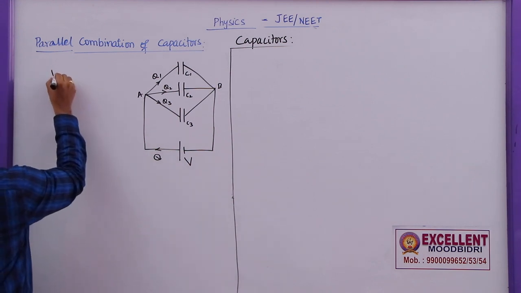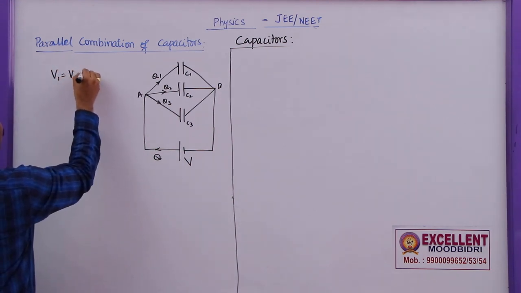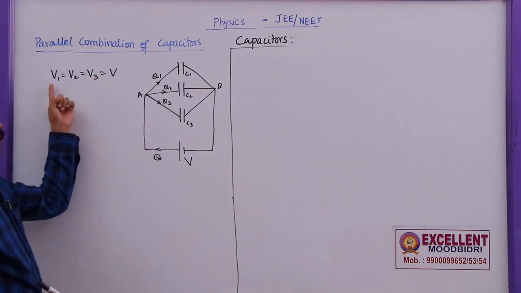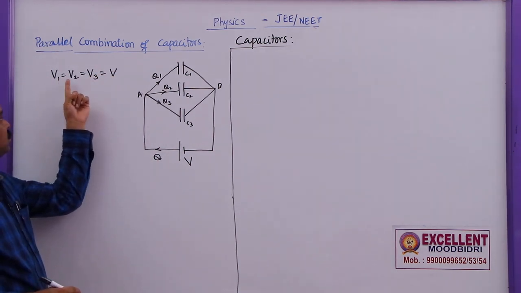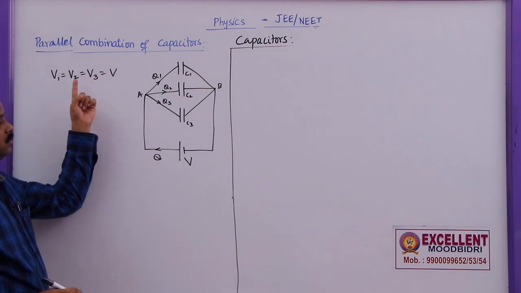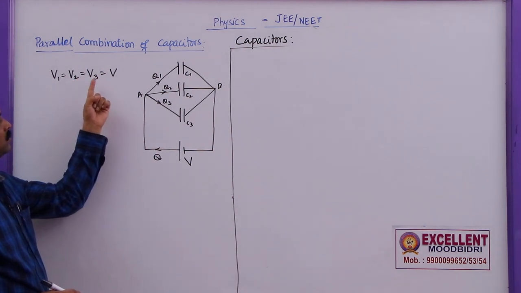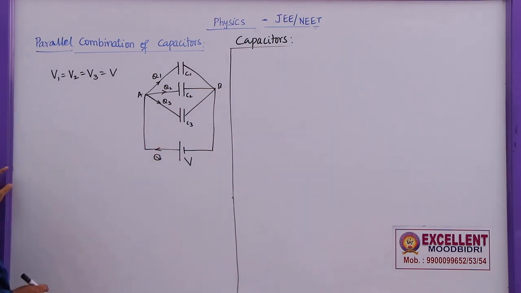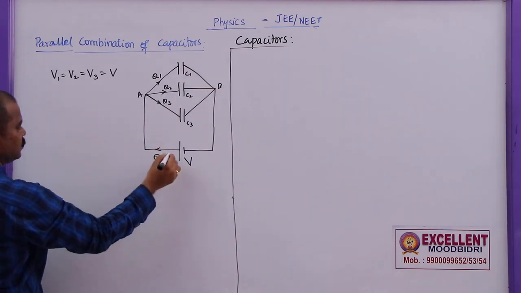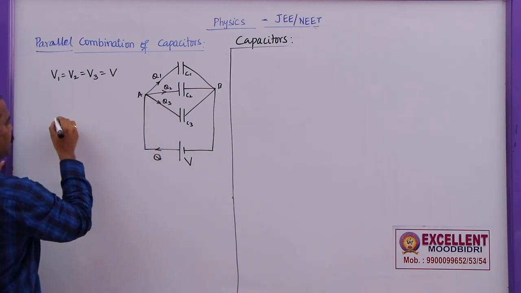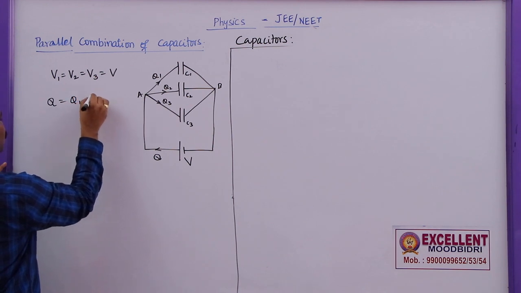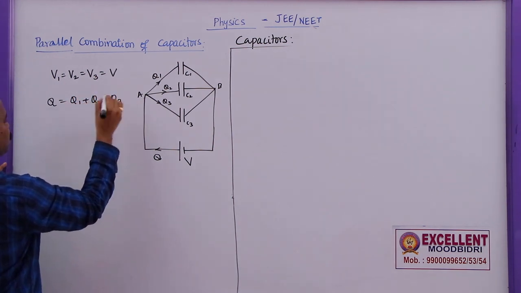So, V1 is equal to V2 is equal to V3 is equal to V. The potential drop across the first capacitor is equal to the potential drop across the second capacitor and the third capacitor, and this is equal to the potential of the cell or battery connected to this combination. But when the charge comes to point A, it divides into 3 parts, so we can write Q is equal to Q1 plus Q2 plus Q3.